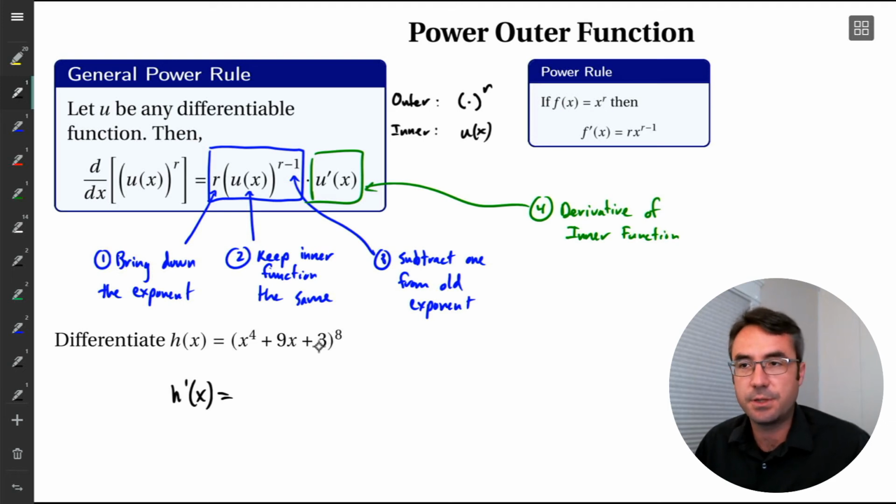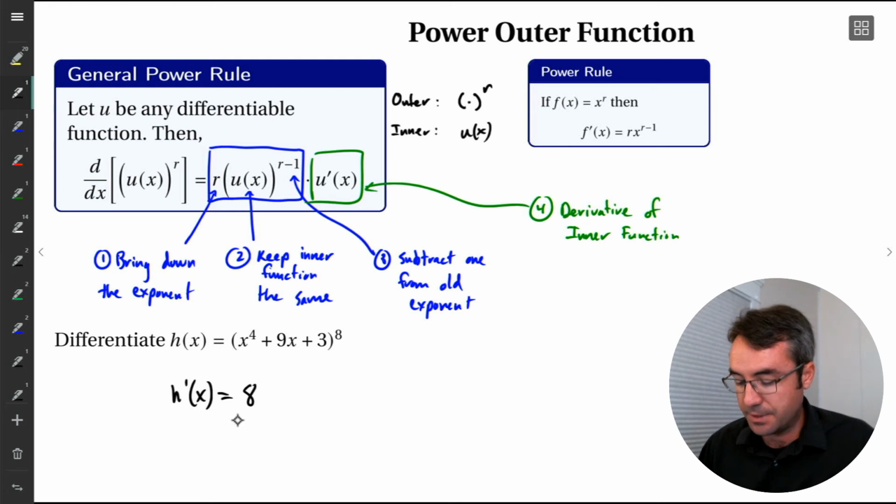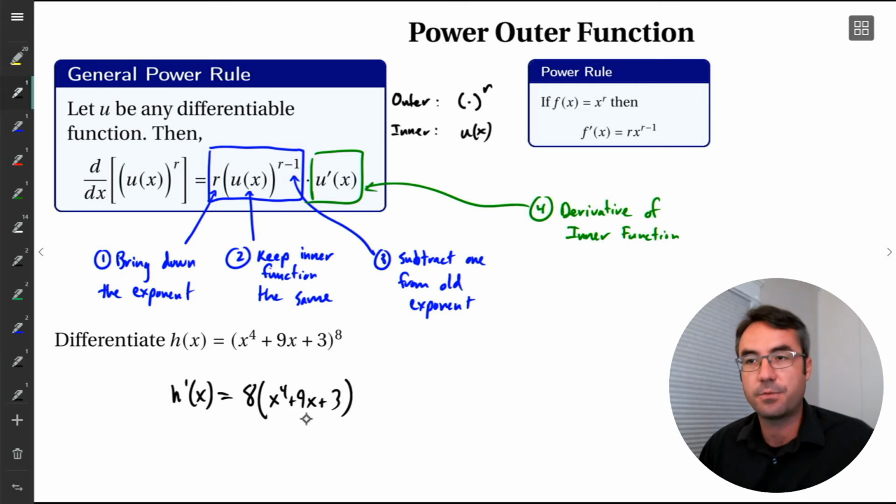We start by differentiating the outer function and work our way in. So we bring down the 8, put it in front, and keep the terms inside the parentheses exactly the same, so we still have x to the 4th plus 9x plus 3. Then we subtract 1 from the exponent, just like usual.